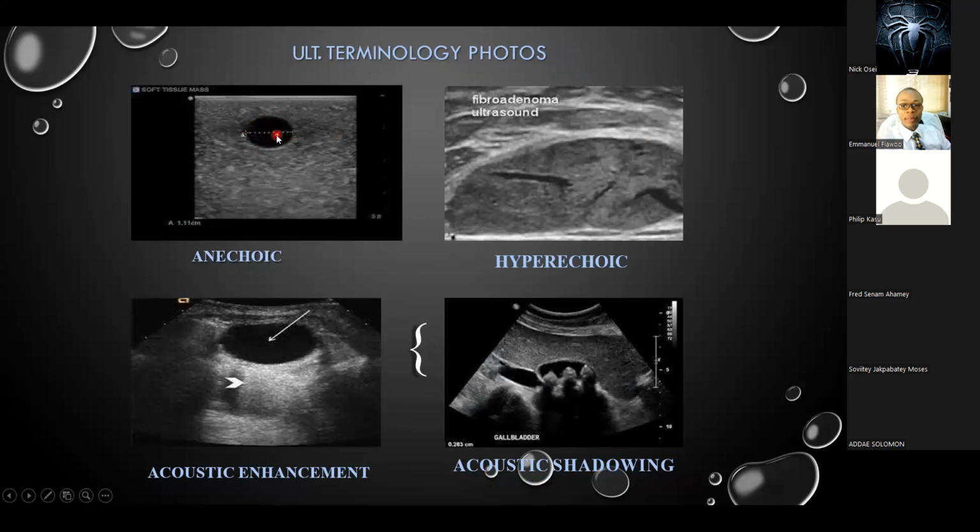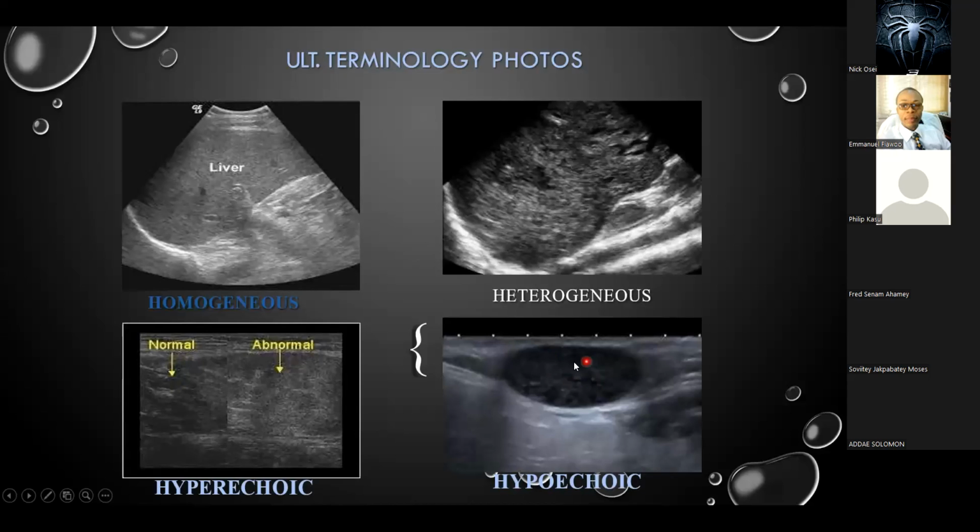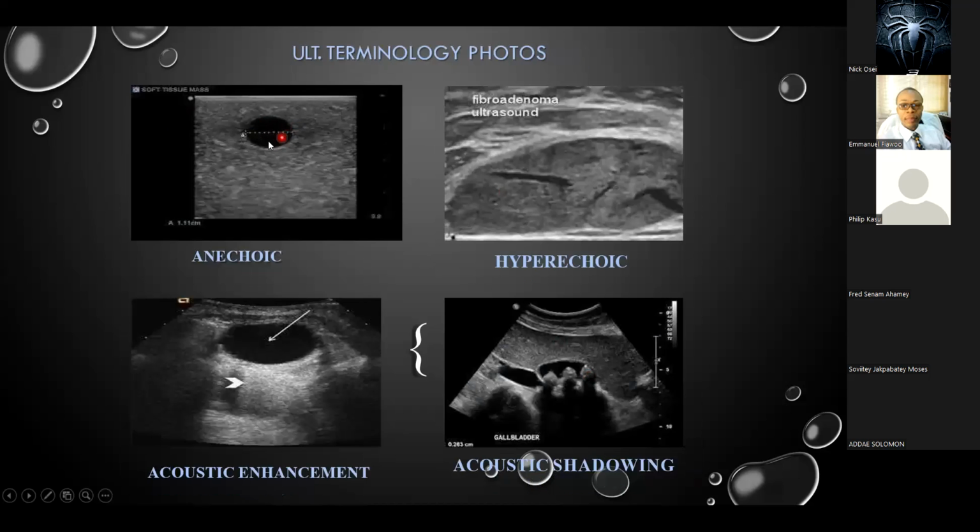Hypoechoic, you'll see some darkness, but even though it's hypo, you still see some white inside. That means that there are certain things inside this structure that are still reflecting some sound. Unlike here, there is nothing at all.